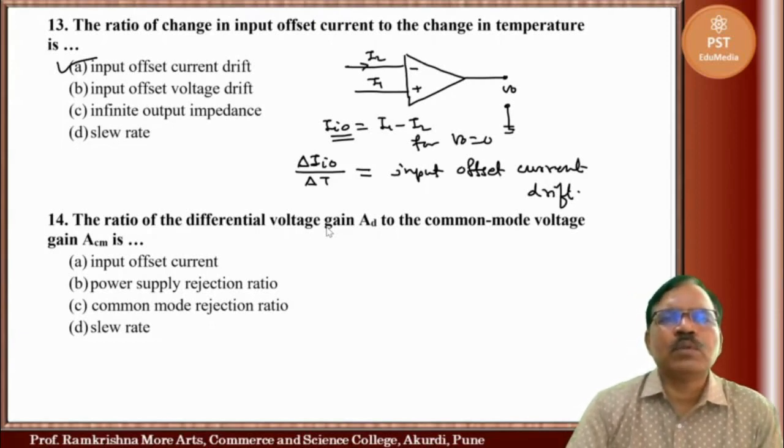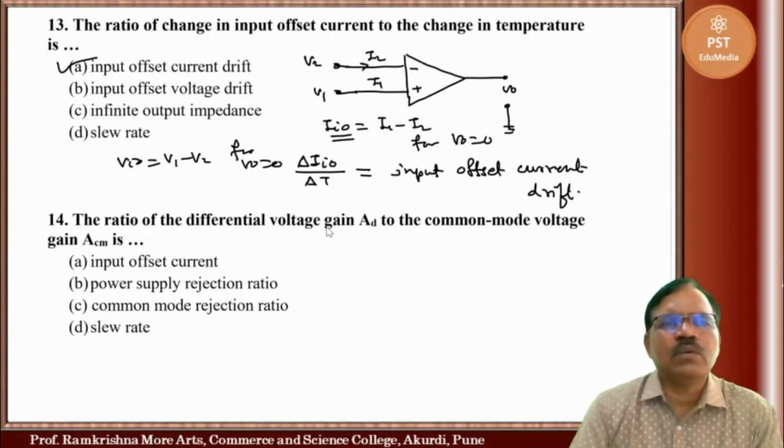Similarly, here we have V2 and V1, and Vio is V1 minus V2 for V0 equal to 0. So delta Vio upon delta T is called input offset voltage drift.